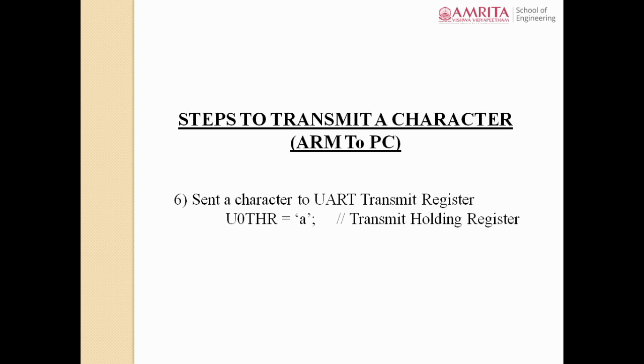If the shifting is going on, then you cannot write a new character. So how will you send a character to the shift register? That shift register is actually inaccessible to me. I cannot access that shift register directly. That shift register is also known as a shadow register.